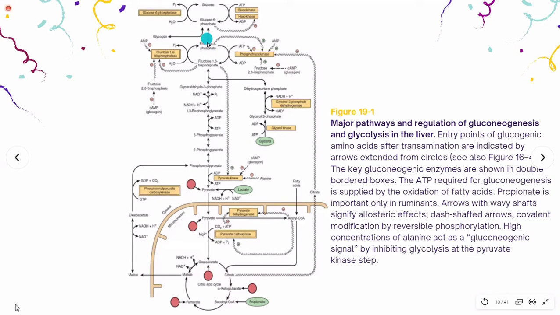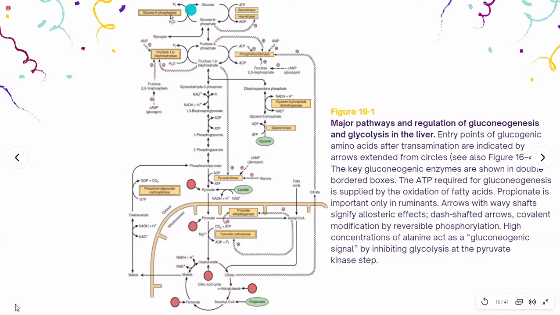Now, fructose 6-phosphate becomes glucose 6-phosphate by an isomerase. Very easy. Now, that is irreversible. You cannot go that way. So we go this way, we bypass it by using another enzyme. And we form now free glucose.